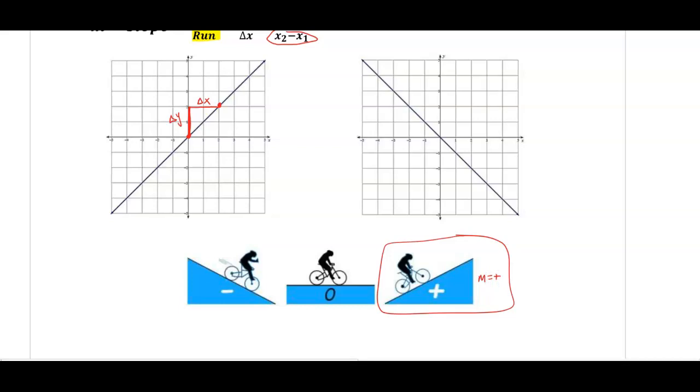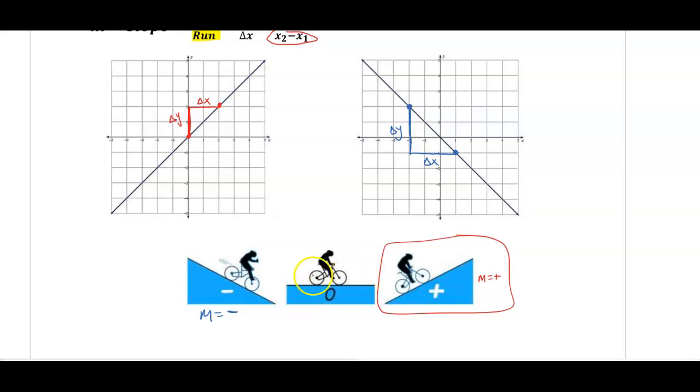In this other example, to travel from the point on the left to the point on the right, I have to go down. So my change in y would now be negative, and to the right, my change in x would be positive. When you're going downhill, your slope is negative.